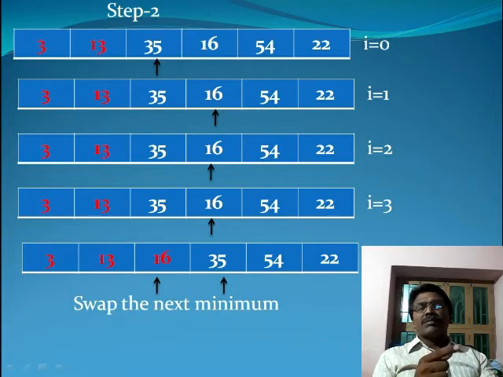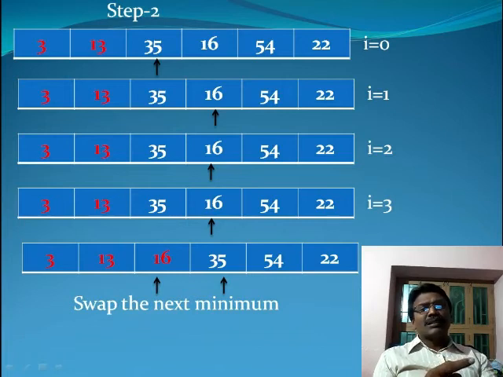Compare with the previous minimum value: it is smaller, so choose 16 as the minimum value. Next iteration, i equals 2. a of 2 is 54. Compare with the minimum value: the previous value is the minimum, so 16 is the minimum.